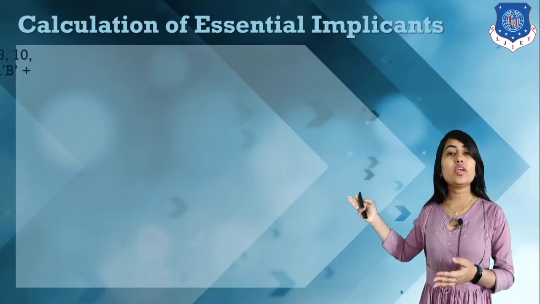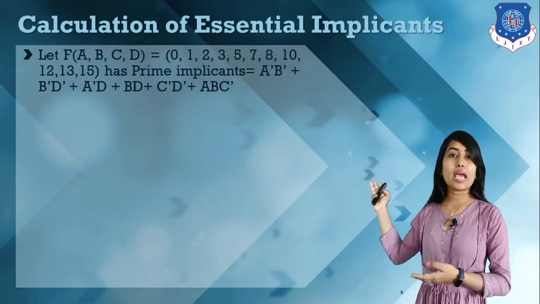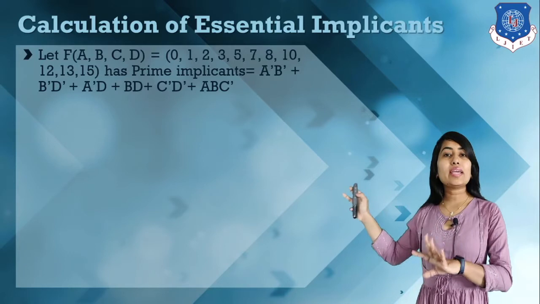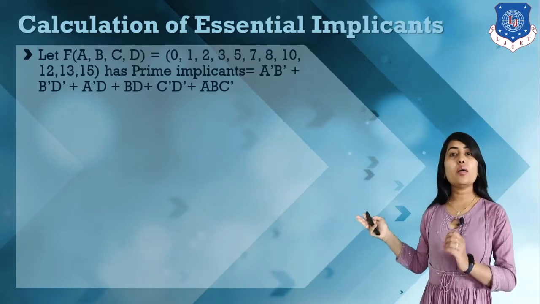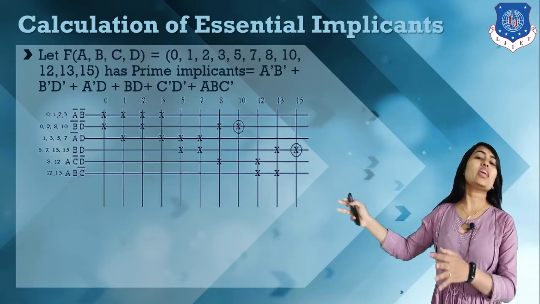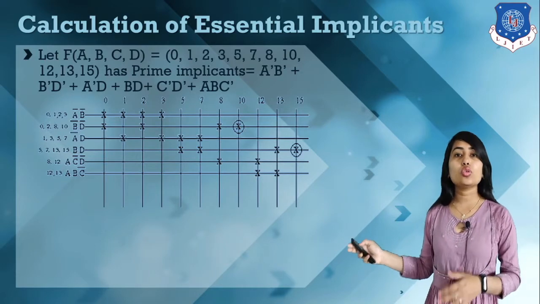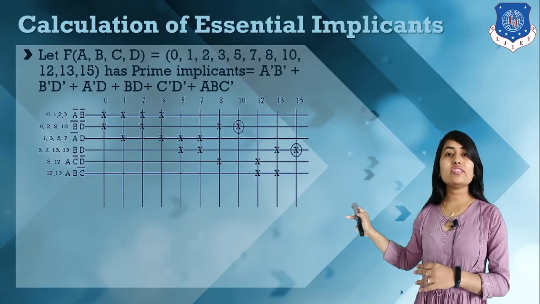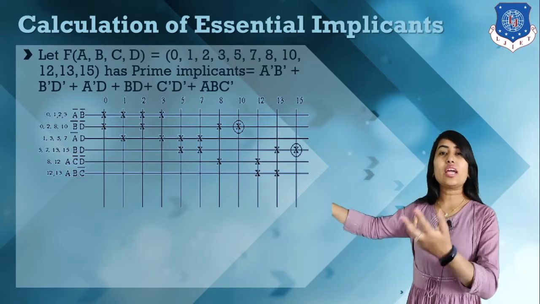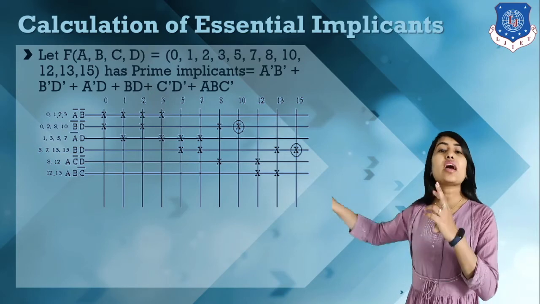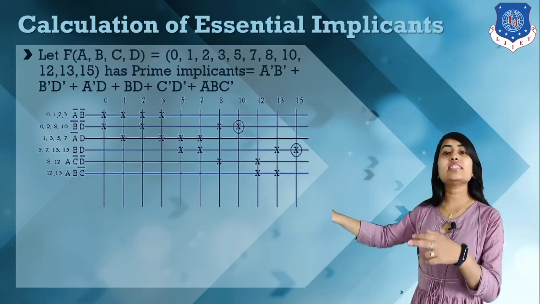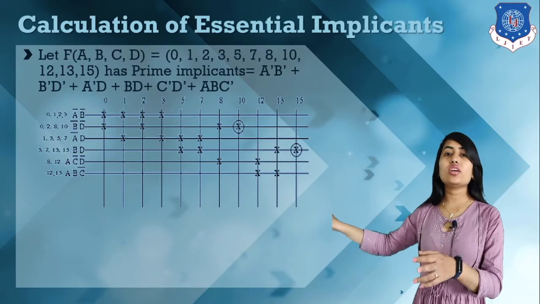So here we write our example and prime implicants. By considering this and making a map like this, we can calculate essential prime implicants. Here we mark the entries 0, 1, 2, 3, which is our prime implicant combination, and the corresponding term is A', B'.